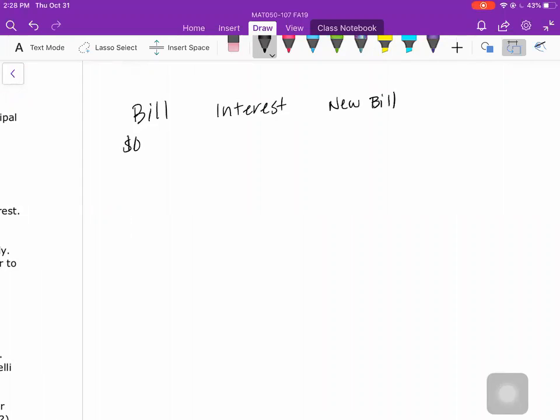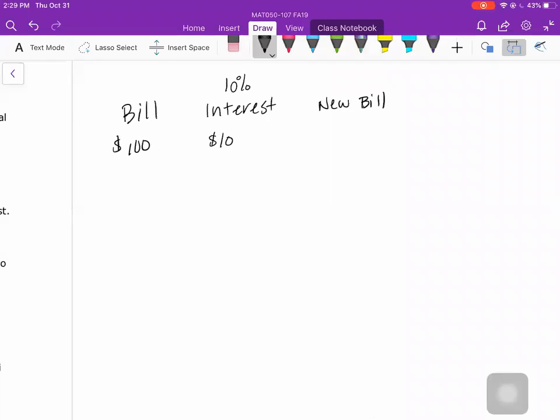So I borrowed $100. If I'm charged 10%, my interest is $10. So my new bill is $110. What's 10% of 110? $11. So what's my new bill at the end of my second month?